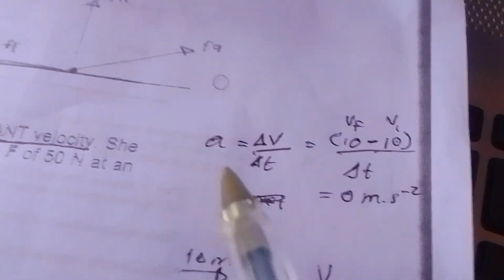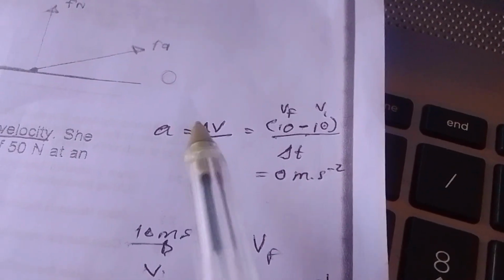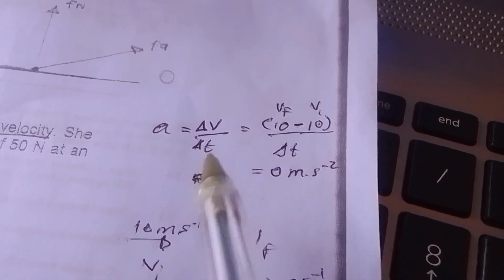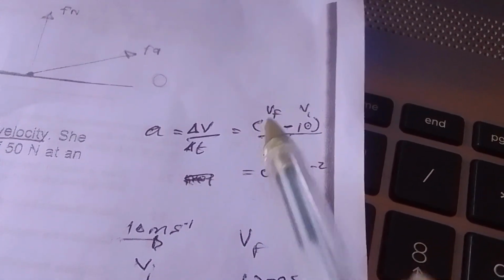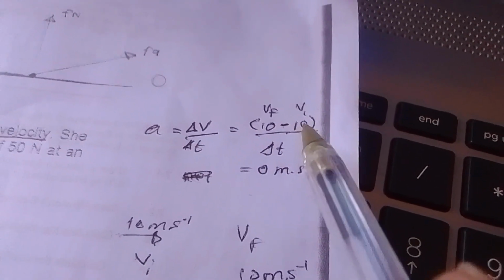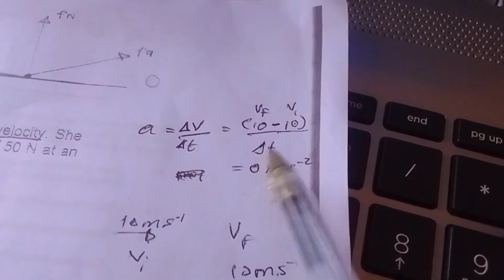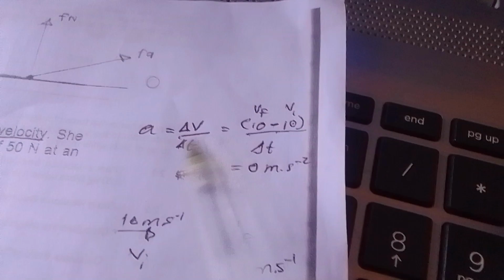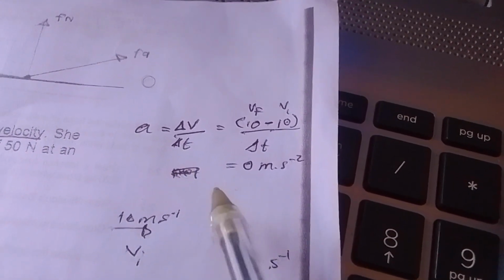So acceleration is change of velocity over change of time, which is Vf minus Vi, divided by the time she took to travel from an initial position to a final position.